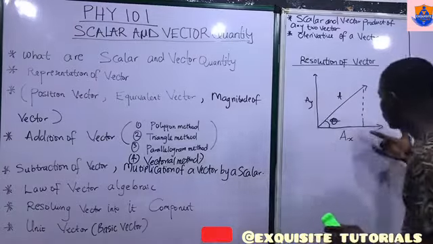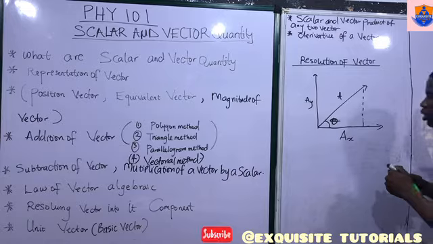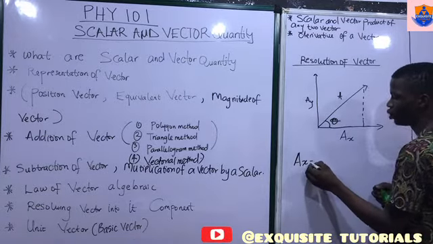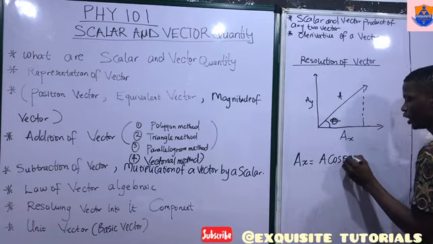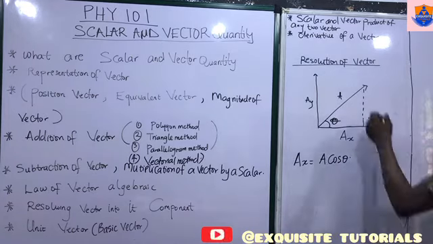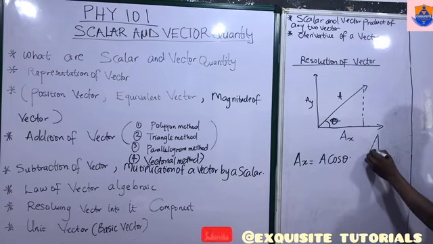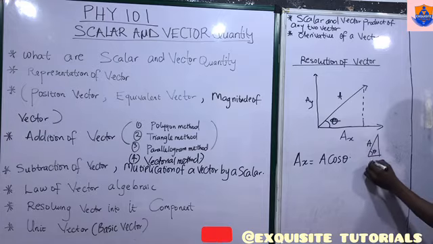So this coordinate here is called the horizontal coordinate, and normally A of x is equal to A cos theta. How did I get this? First of all, you draw out your triangle. This is your angle theta. This is the resultant, like I said, A, and this is our A of x.